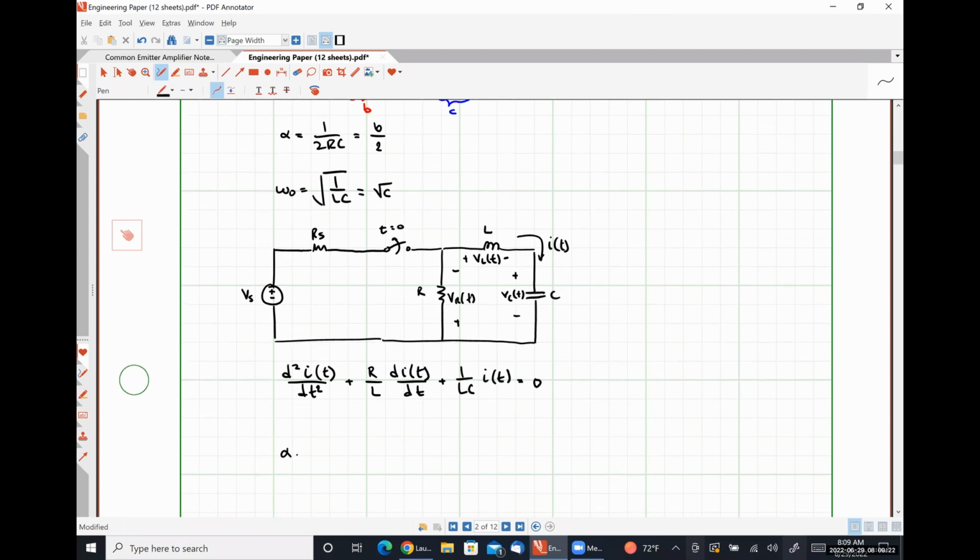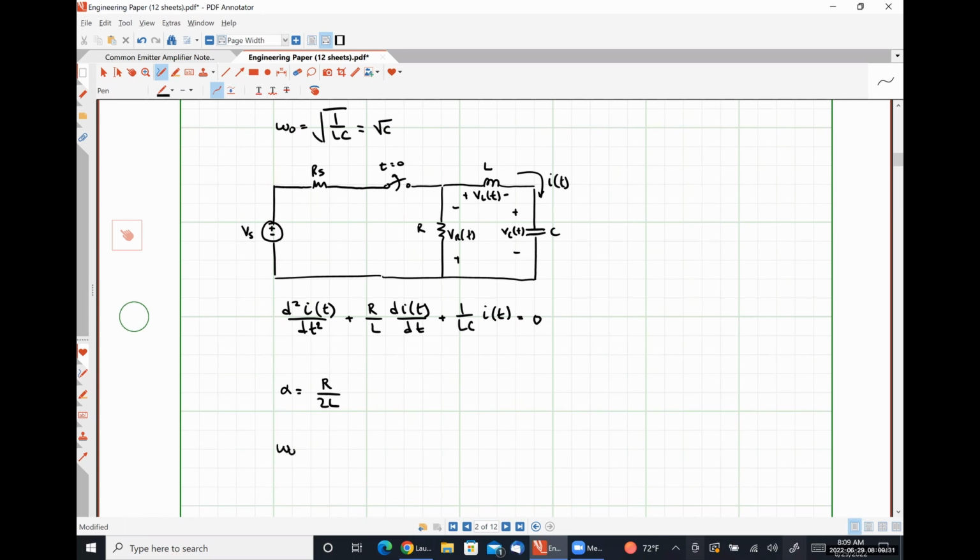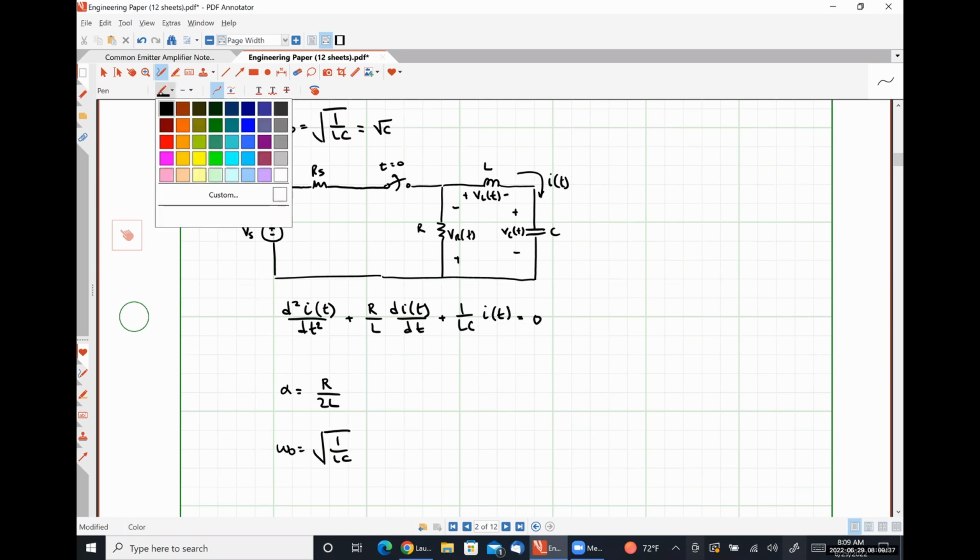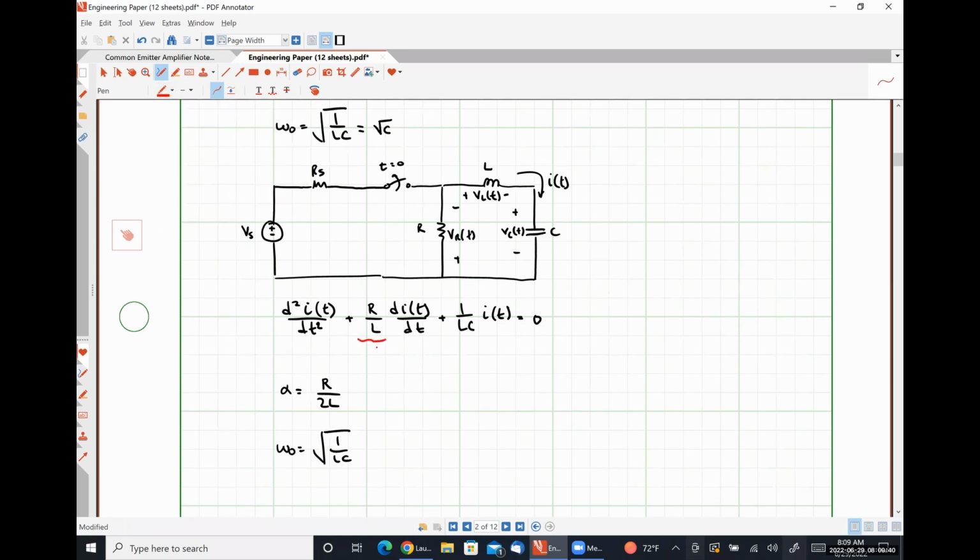And we found that alpha was equal to R over 2L, and that omega naught was equal to the square root of 1 over LC. Looking at our coefficient for our first derivative term as B, and our coefficient for our 0th derivative term as C, we find that alpha is once again B divided by 2, and omega naught was simply the square root of our coefficient C.